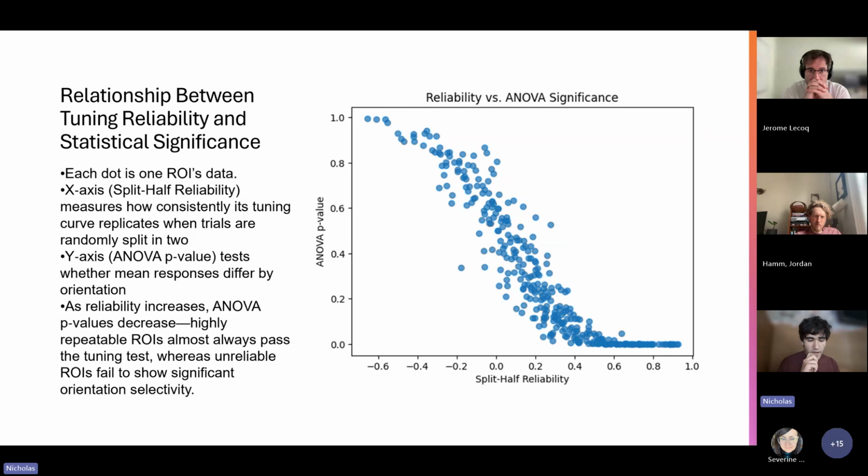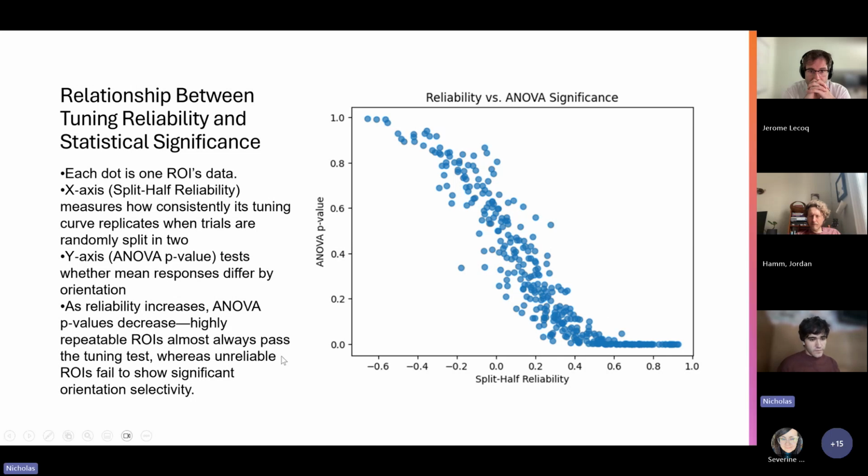What this suggests is that as the orientation tuning vector becomes more reliable in a given block, as the Pearson R correlation is greater between these random halves, we're seeing more ROIs that exhibit significant tuning for one or another orientation.